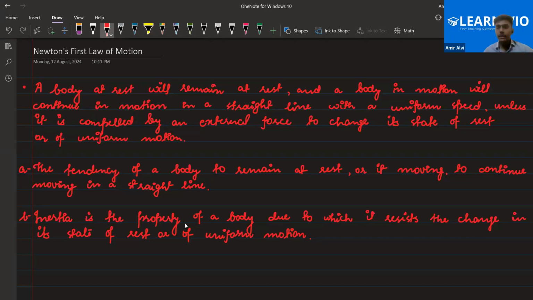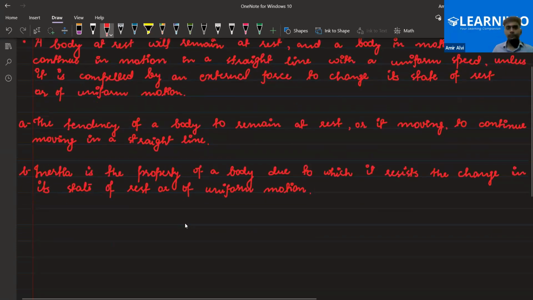A car can be moved by two persons, but a truck cannot, because the truck has a greater inertia, as the mass of the truck is much greater than the car's. So inertia is associated with mass: the greater the mass, the greater the inertia of the body.